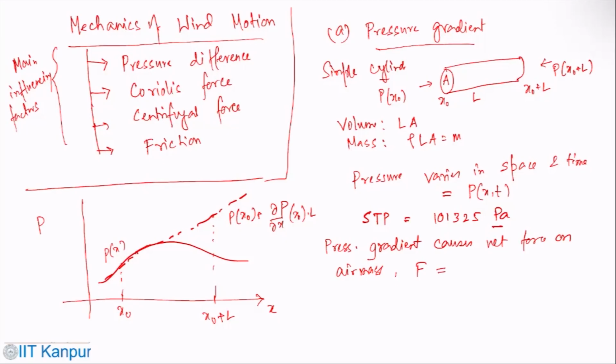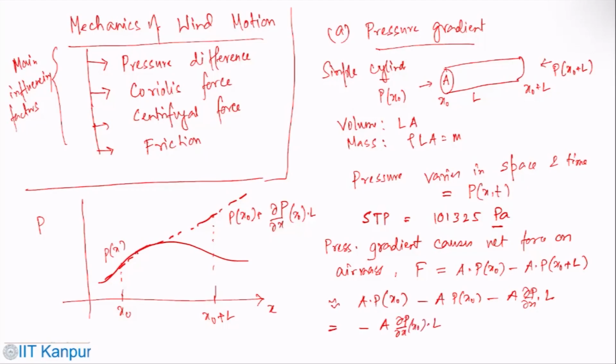Then we can say that this is area into P x naught minus area into P x naught plus L. This we can approximate as area into P x naught, area into P x naught into L, which is minus A del P by del x at x naught into L. So what we can get is the acceleration due to pressure gradient.